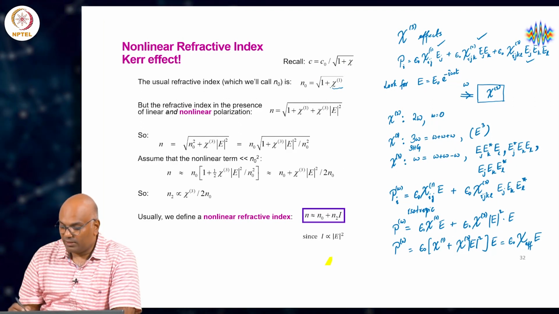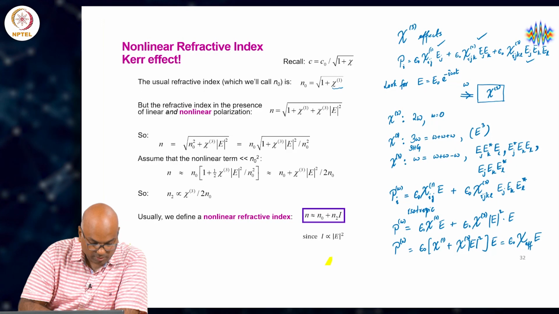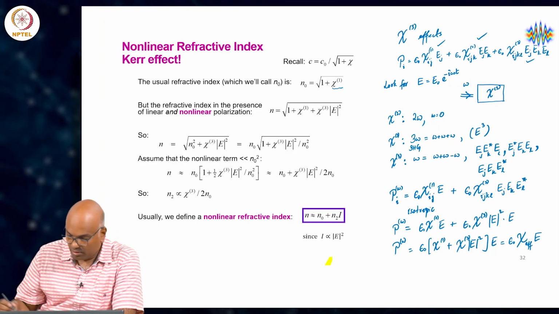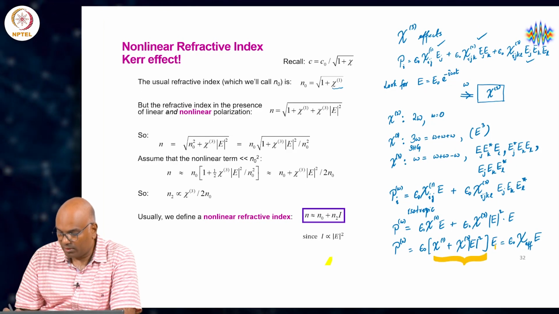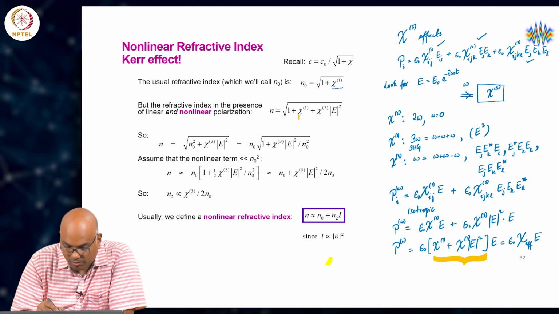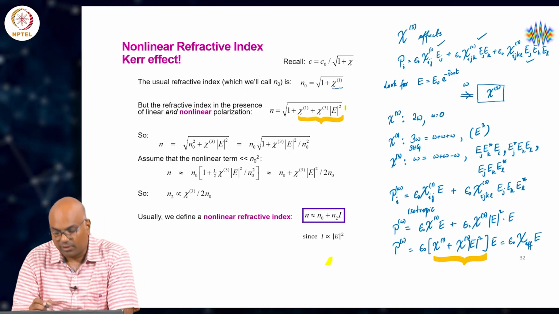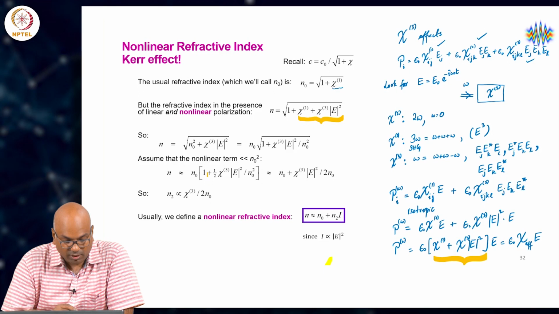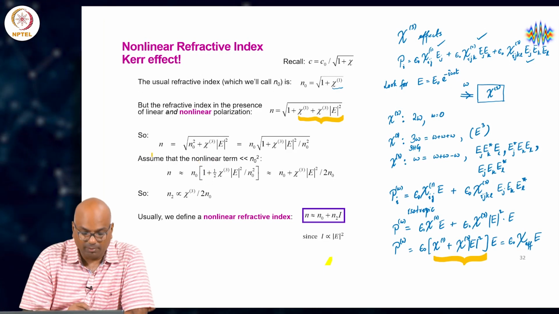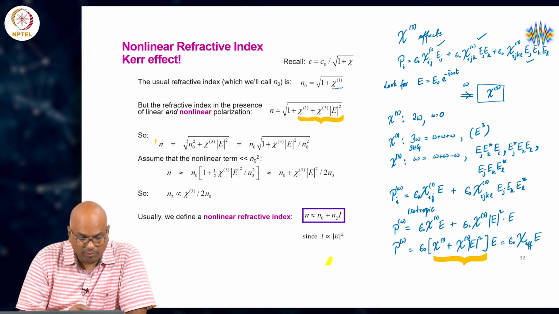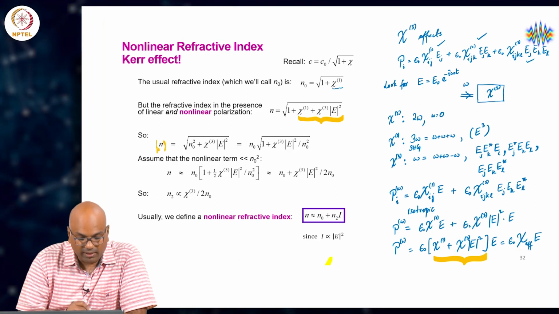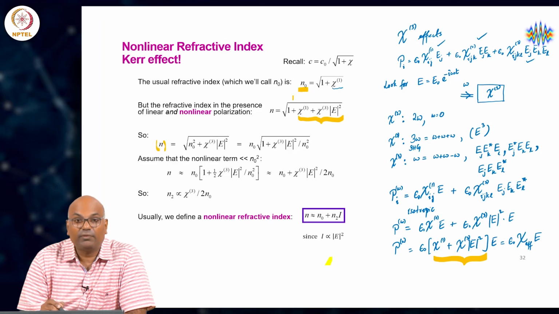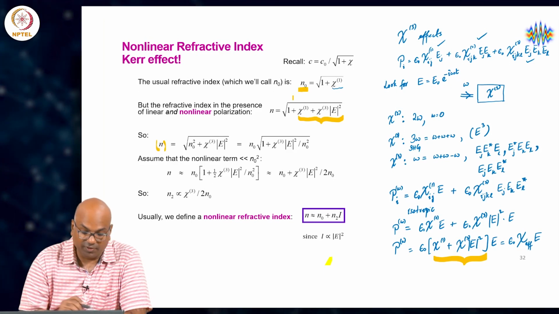Now, we replace chi 1 with this effective susceptibility, chi effective. Okay. So, that is what is replaced in this expression, and as a consequence of this, the refractive index now becomes n, where earlier we had n 0, the 0th order refractive index which did not depend on intensity of fields.